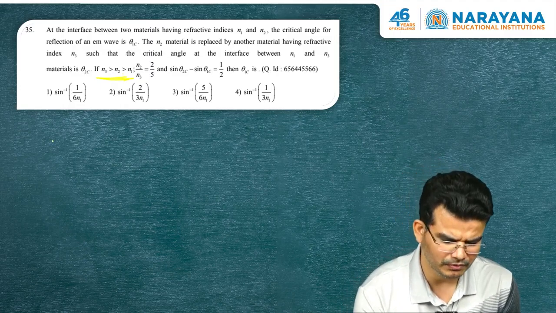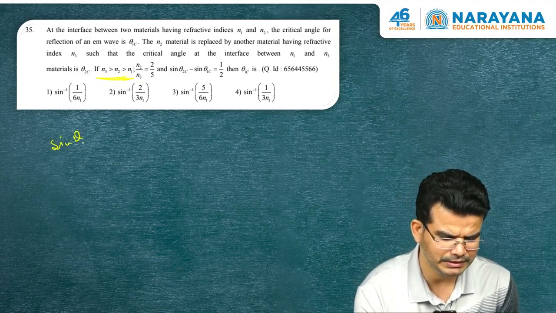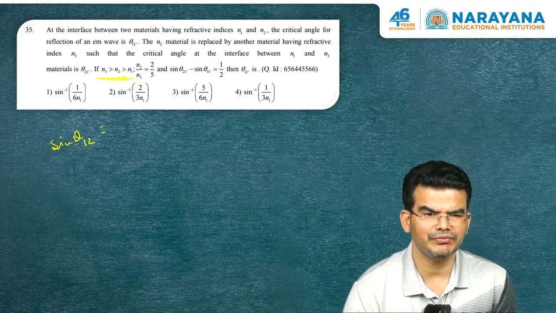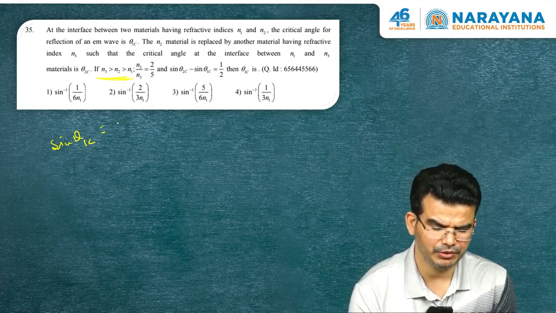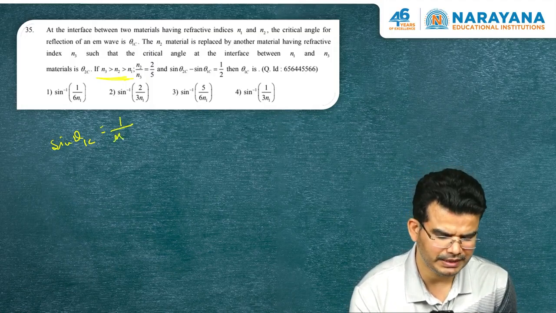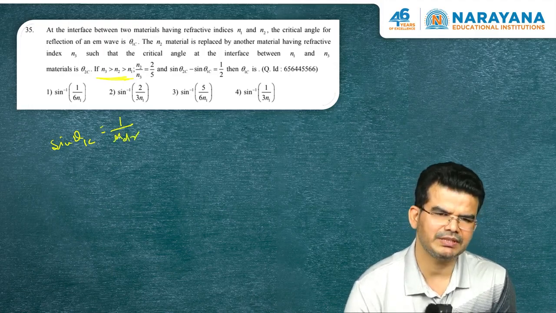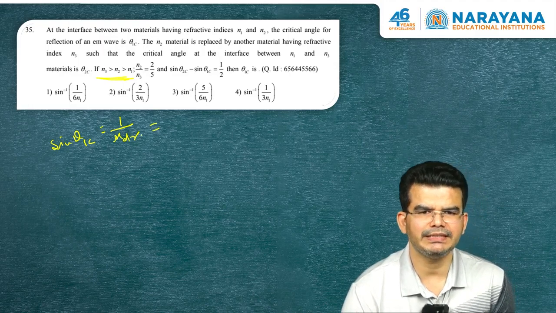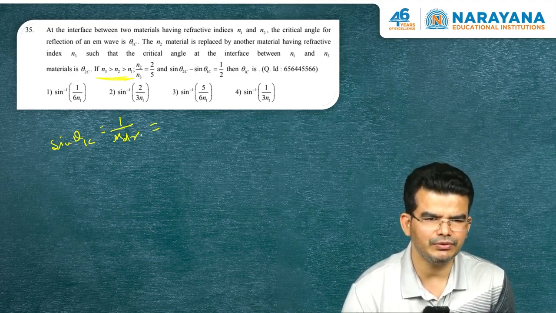So first of all, what is sin theta 1c? You know sin theta c equals 1 by mu. What was mu here? Mu of denser with respect to rarer. This was a very basic idea. So right now here, suppose the media are n1 and n2. You can see n2 is greater than n1.